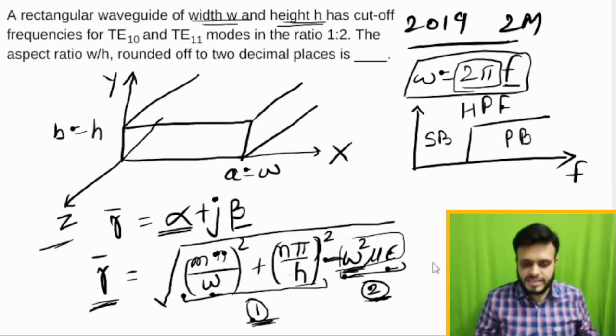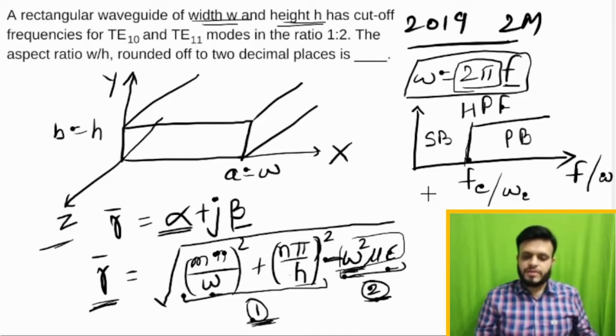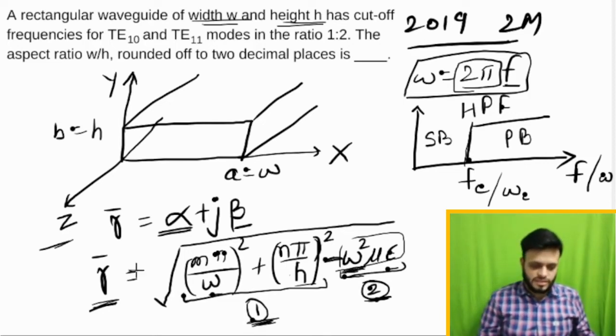So at some frequency, which we are considering as fc or omega c, the value of gamma, that is the propagation constant, remains 0.